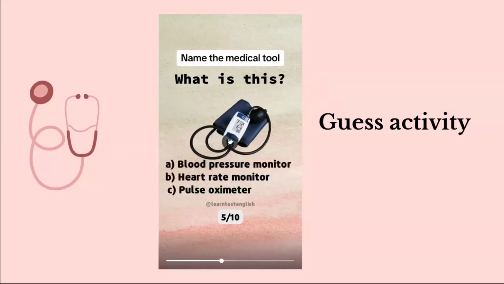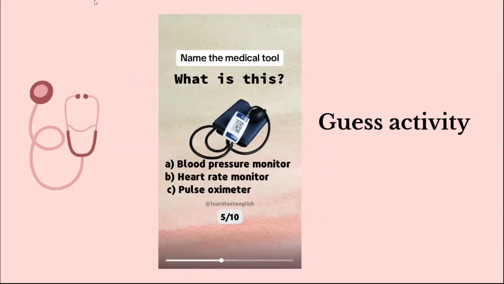What is this? What do you think it is? Letter A, blood pressure monitor. Letter B, heart rate monitor. Or letter C, pulse oximeter. What do you think? Blood pressure.